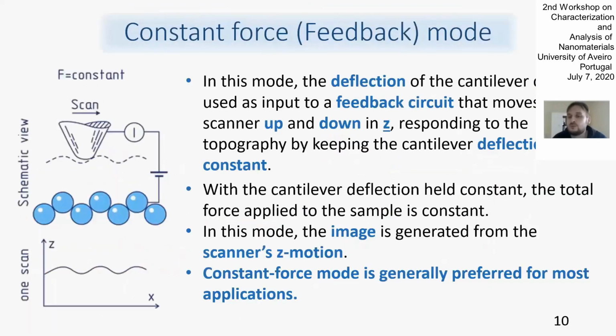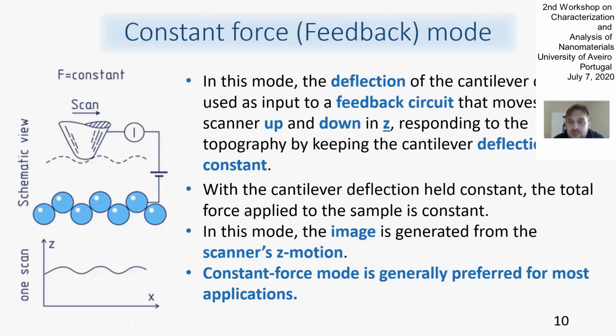In order to collect signal and create images, very often we use the so-called constant force mode, or mode with feedback. Why do we need that? When we put the tip in contact and move it across different features of the relief, if a feature is too high, it may actually break the cantilever.